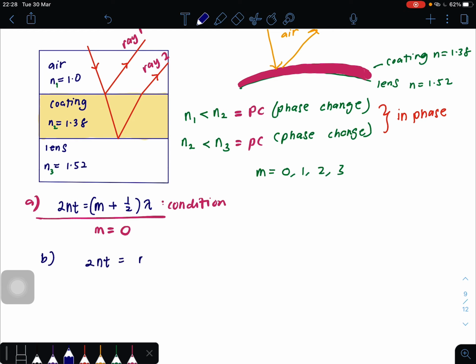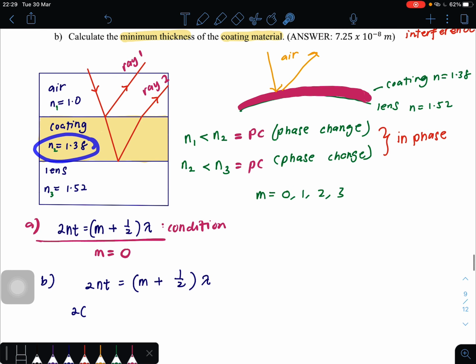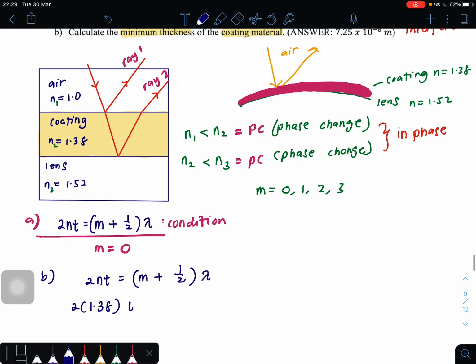So just substitute: 2nt is equal to m plus 1 over 2 lambda. The N that we will use is this one, because it asks about the coating material. So 1.38. And because we want to find the minimum thickness, which is the value for t, m is equal to zero.